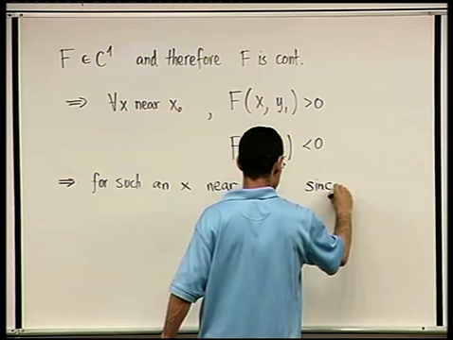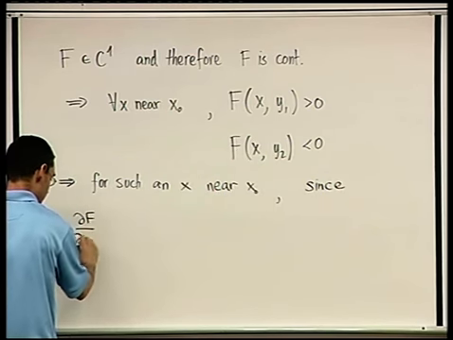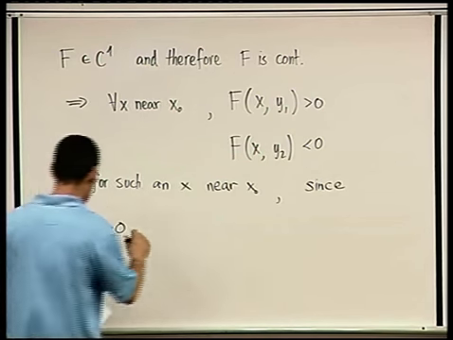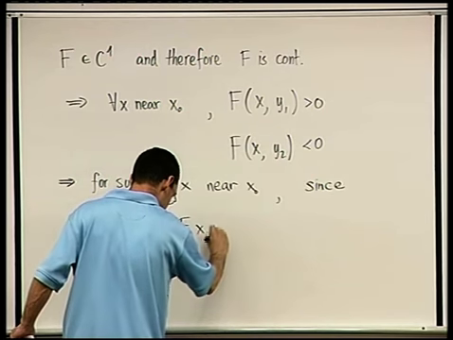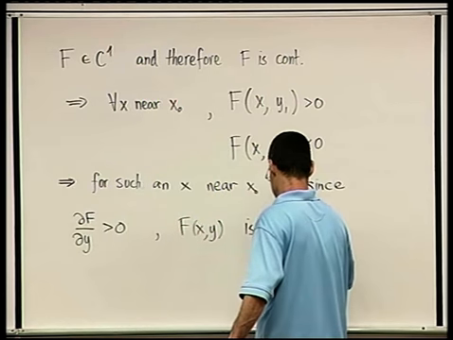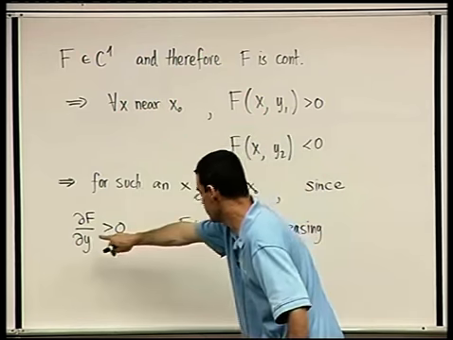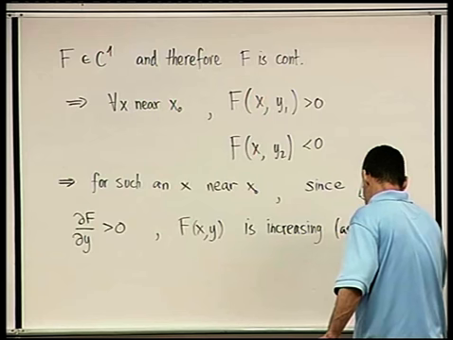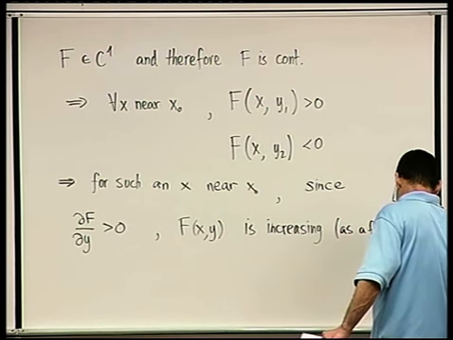So for such an x near x0, since the derivative of f with respect to y is positive, and that's true in the entire neighborhood, f(x,y) is increasing. Since it's positive, it's increasing as a function of y.